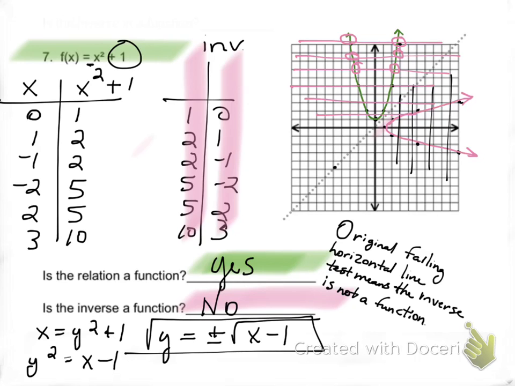Okay, and so if you graph that on the graphing calculator, what you're going to punch in is y1 equals the square root of x minus 1, and y2 equals negative the square root of x minus 1. And that's how you could do it on the calculator if you wanted to see the graph.